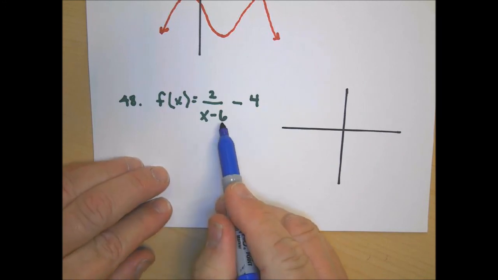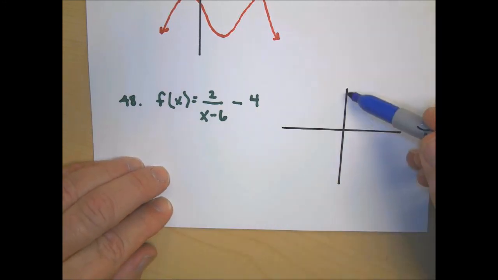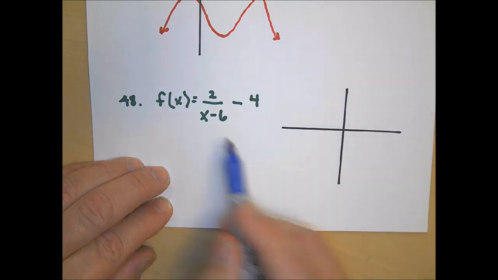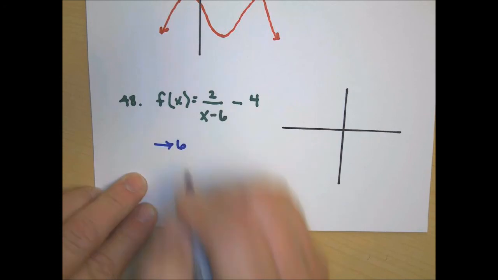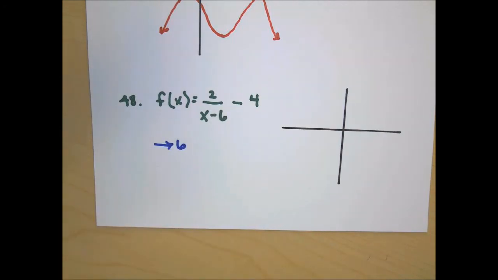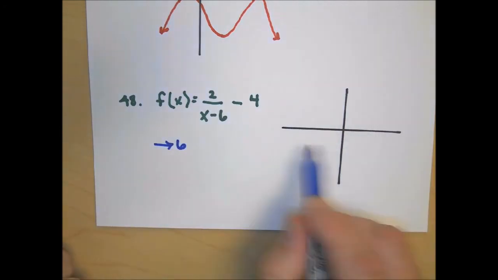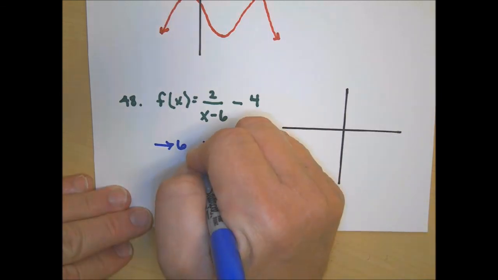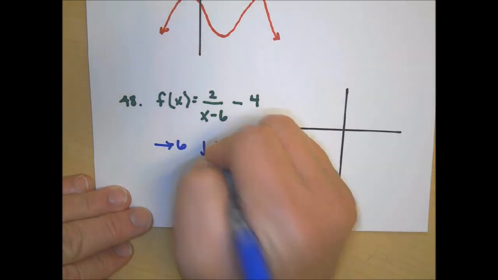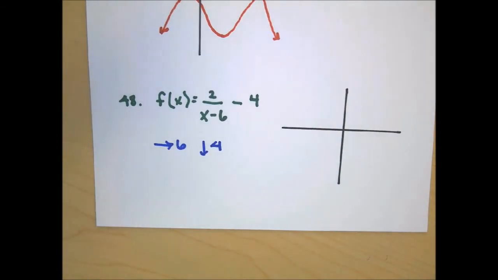That means my vertical asymptote, which is usually the y-axis, gets shifted to the right 6. And then my horizontal asymptote is going to get shifted down 4. So both of my asymptotes are going to shift.